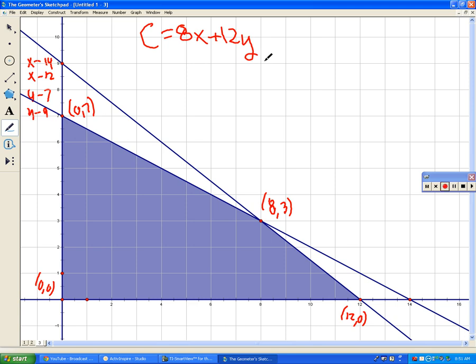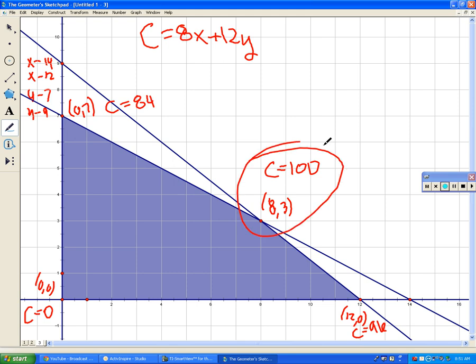So obviously the minimum is going to be right here. The maximum will be, you think so? 64 plus 36 is 100. What is it here? 96. Same here, 84. So there's the maximum.